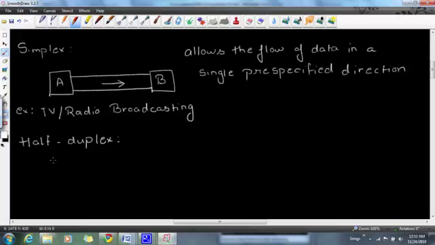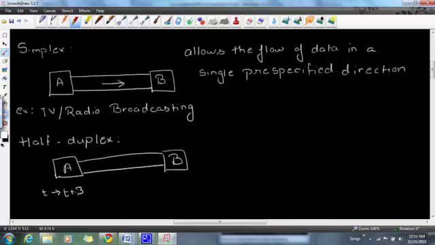So again, if we have two users, say user A and user B, both can send data to each other, but at a given point of time, say user A starts to transmit the data at time t and continues to send the data till time t plus 3. So during this duration of 3 seconds, user B cannot send any data to user A. Only user A can send data to user B, and user B would be receiving the data.